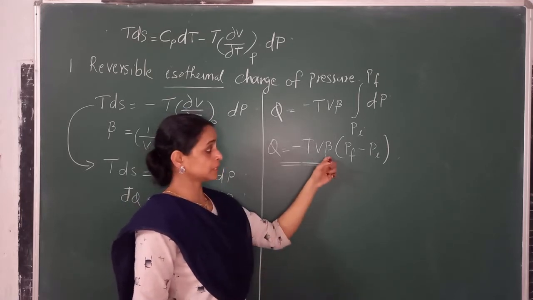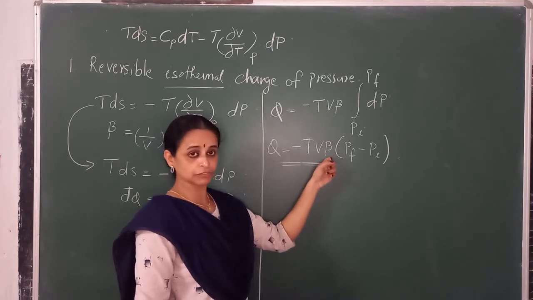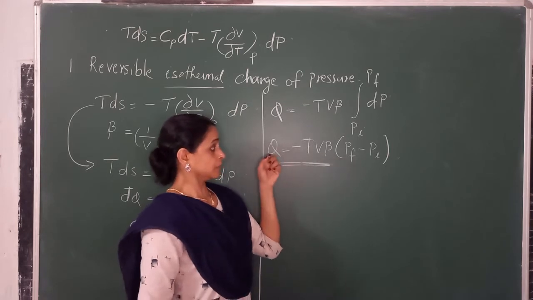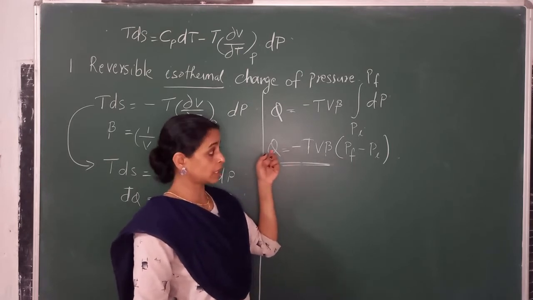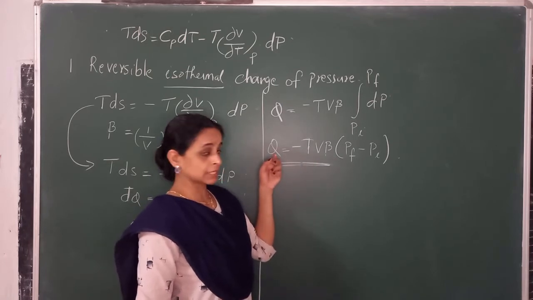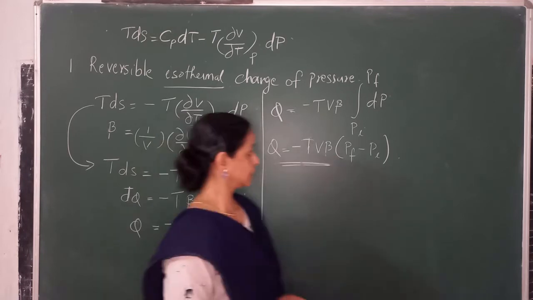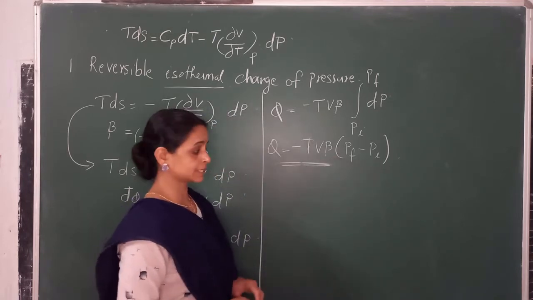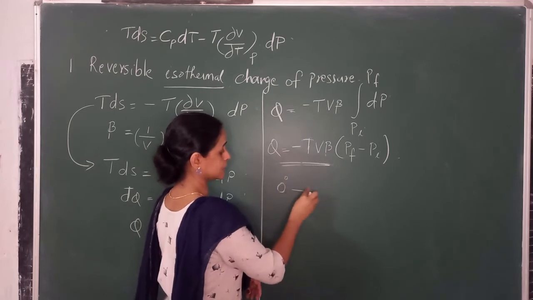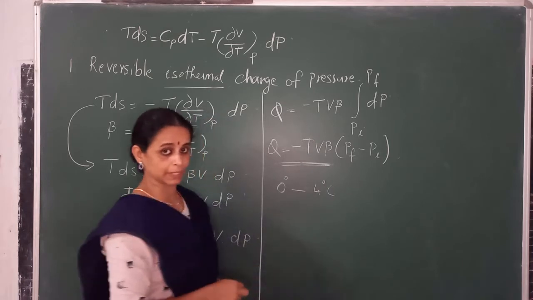So, depending upon the sign of beta, the heat flows out of the system if beta is positive, and the heat flows into the system if beta is negative. In the case of water between 0 and 4 degrees Celsius, it shows negative volume expansivity.